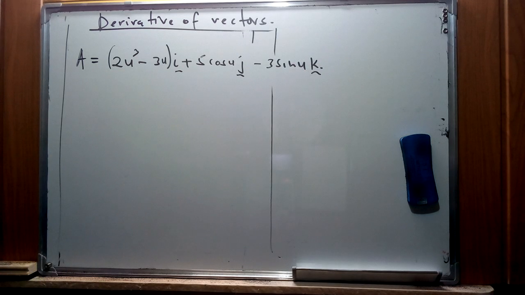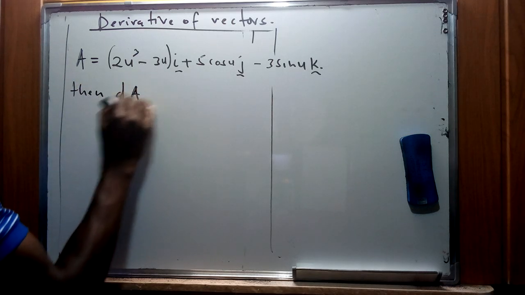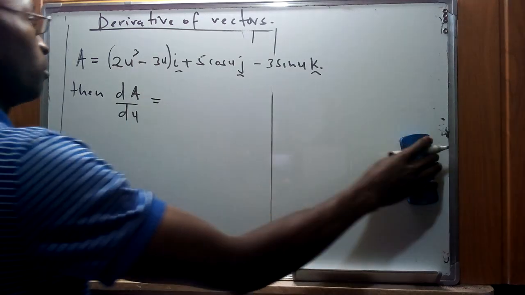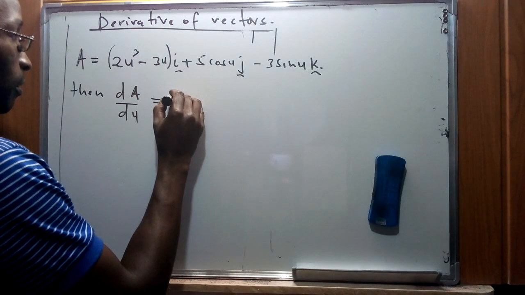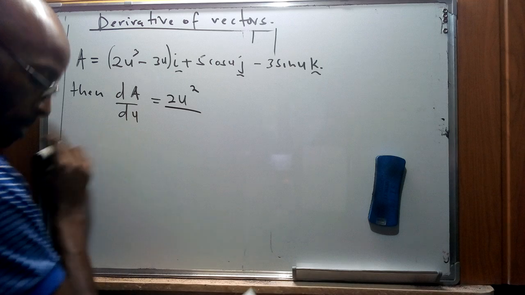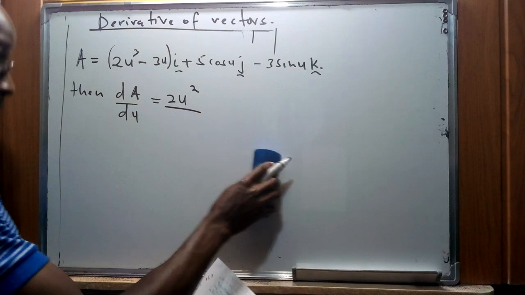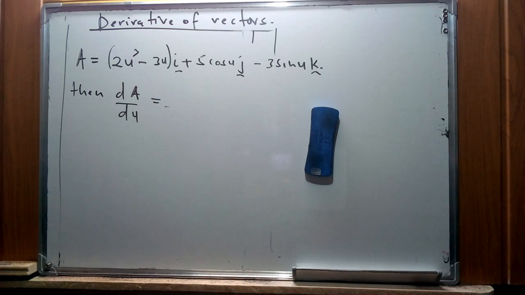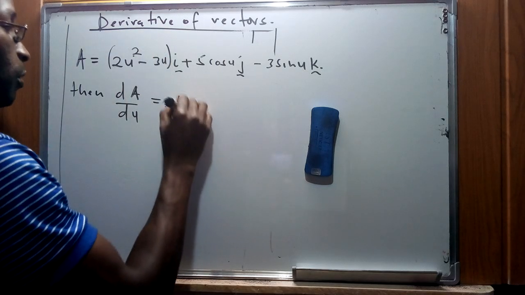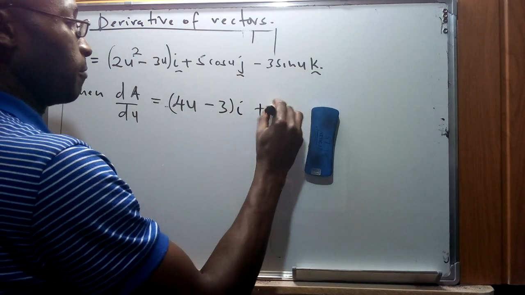Therefore if we were asked to find dA over du, which is basically a derivative of that function, this is going to be 4u minus 3, this is for i, and then plus 5.